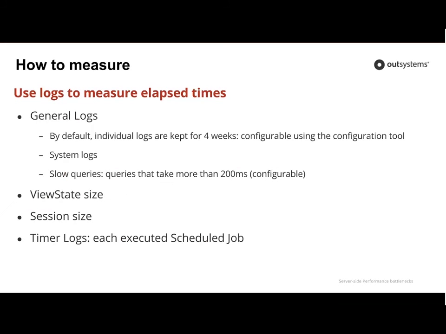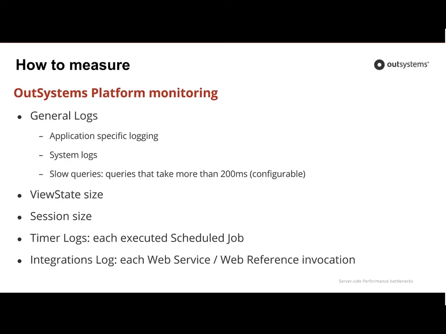What you can get from the logs: we have the general log. It's something where you see system logs, generic or specific application logs, and we will also see queries to the database, either internal database or external database. And in this case, it's very important to understand that only queries that are taking more than 200 milliseconds are going to be logged.